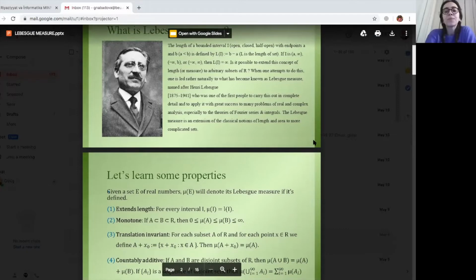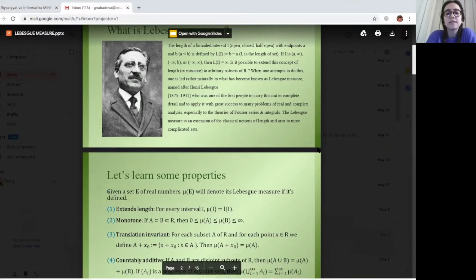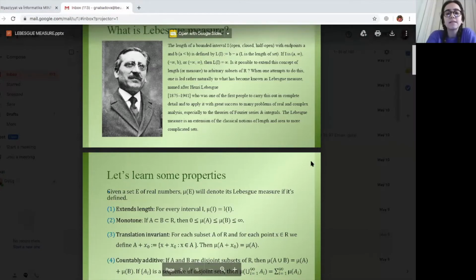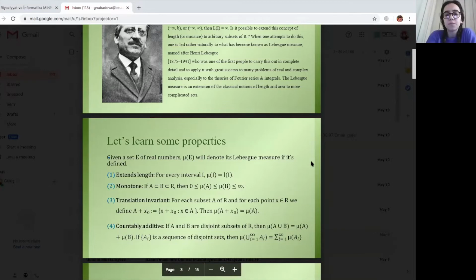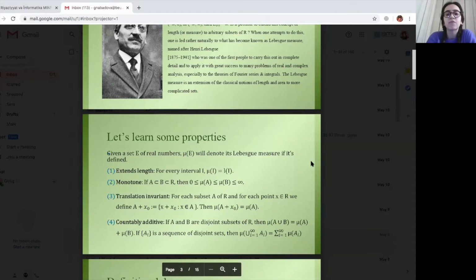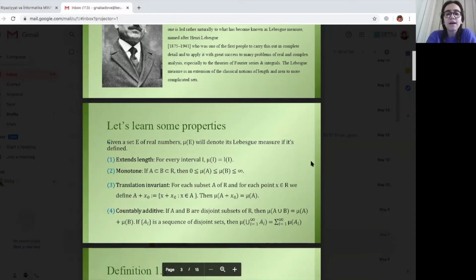The concept of length or measure can be extended to an arbitrary subset of R. This has been carried out in complete detail and applied with great success to many problems of real and complex analysis, especially to Fourier series and integrals.